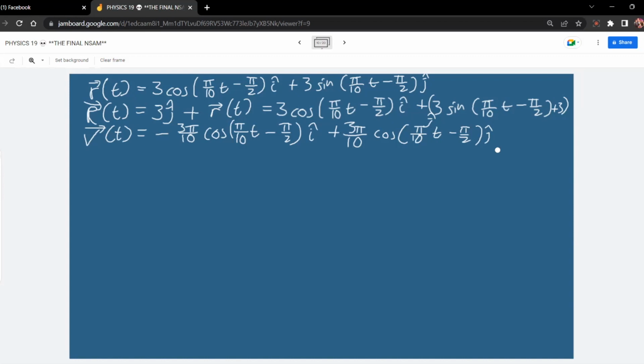So, dapat negative 3 pi over 10 tapos sine. Okay. And then I hat. And then plus 3 pi over 10 cosine pi over 10 t minus pi over 2, j hat. Okay. Ngayon, ano yung acceleration vector naman?